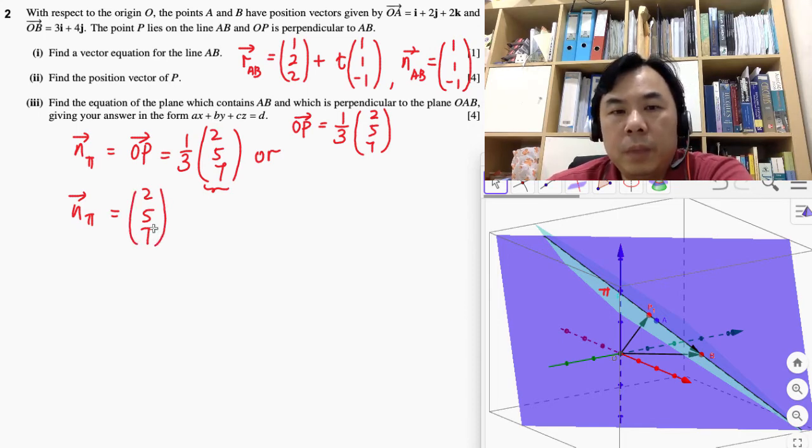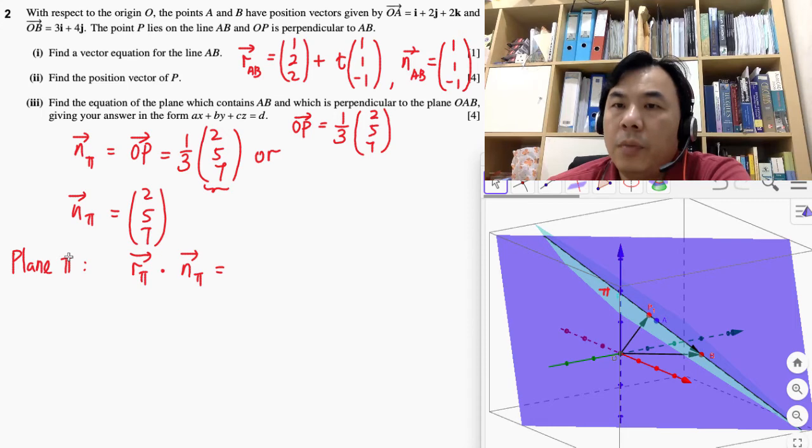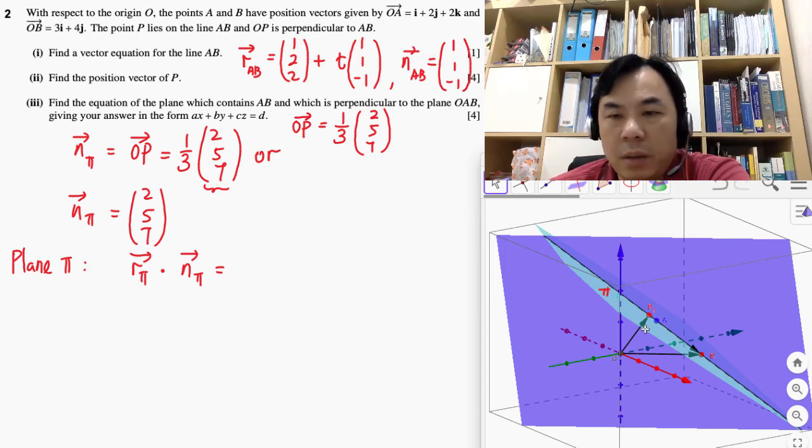Now the vector equation for plane pi is given by r dot with its normal, and then we must find a point on the plane, maybe P, or A or B in this case. I just want to make a difference here.